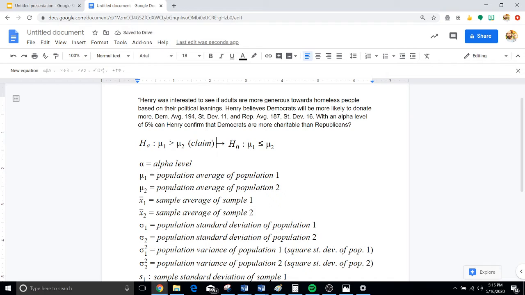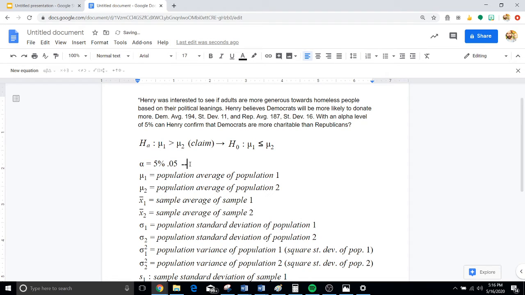All right, next up, let's find our alpha level. Well, that's actually pretty easy to find. It literally tells it to you in the last sentence there: an alpha level of 5%. So let's change alpha level to 5%, which we know is 0.05.